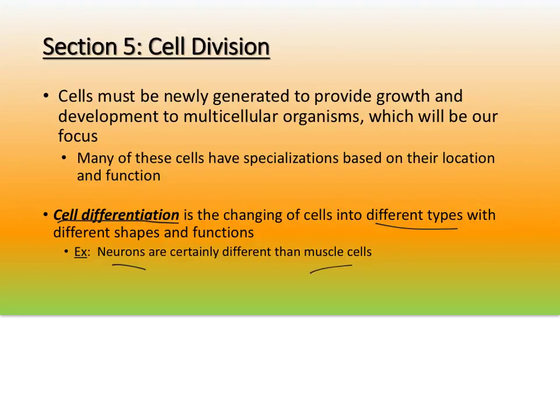Muscle cells are long and thin, but then they are full of proteins that allow them to generate force. Neurons are much longer and much thinner because they're basically like electrical wires. Their job is to communicate from one part of your body to another along long distances, from your brain down to your toe. So neurons are even longer and skinnier in order to do their job.